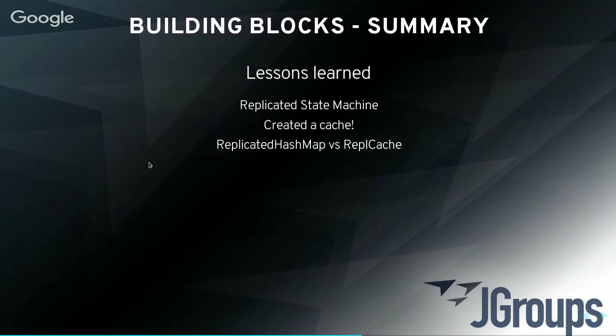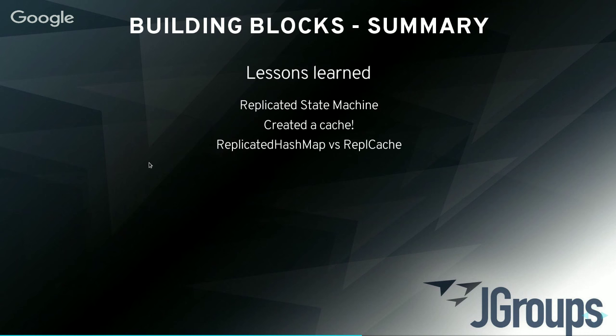And I'm not sure if you have noticed, but the example with the history is actually an implementation of a replicated cache, because you could very easily replace the list of strings which served as a history in our example with a hash map, and you have a replicated cache.